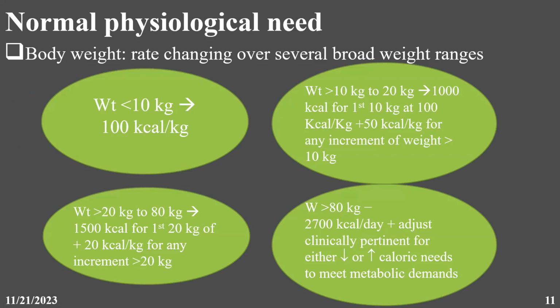What is the normal physiological need of water based on weight? So in the first 10 kilogram, the maintenance, the normal need, is 100 kilocalorie per kg. In babies more than 10 kg but less than 20, we need 1,000, which is the first 10, plus 50 kilocalorie for each kg above 10.